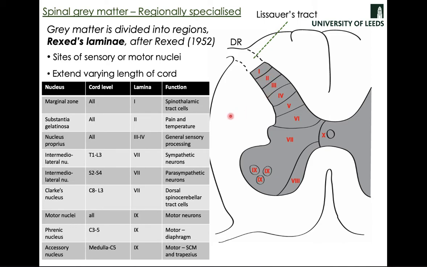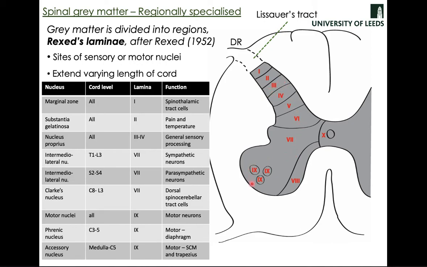So one example, if we're talking about a fiber carrying pain and temperature, so that fiber is going to enter that dorsal root and it's going to synapse in lamina number 2 with pain and temperature neurons. If those fibers are carrying general sensory information, they're going to synapse a little bit deeper.